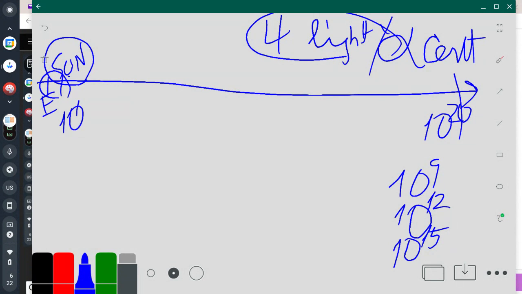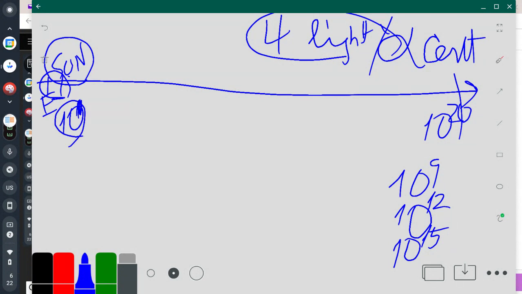Maybe on an infinitely stretchable whiteboard, if I put the distance between the Sun and the Earth like this, and let's say that is 10 miles, how far do I need to stretch to get to Alpha Centauri? Even if I stretch it all the way to the West Coast, Los Angeles, maybe I won't be able to do that.